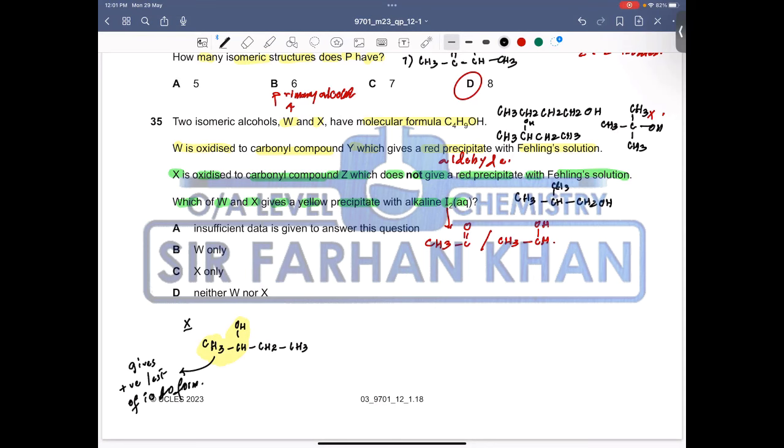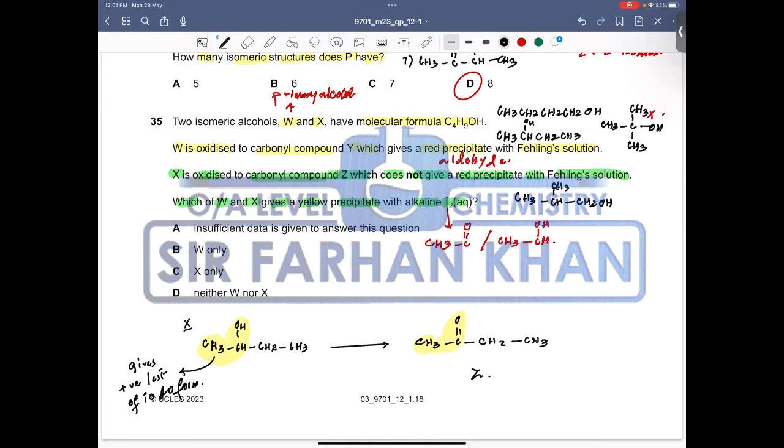When you oxidize it, it will turn to a ketone, CH3COCH2CH3, which also has a CH3CO group, so this will give a positive iodoform test, and that is going to be your Z.